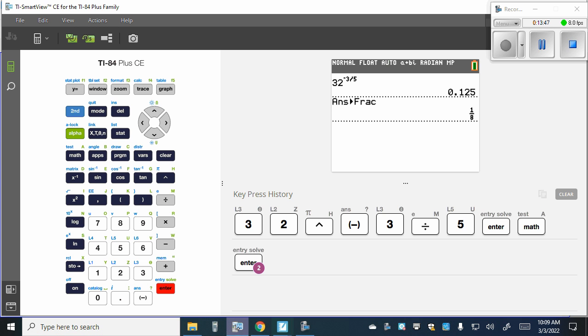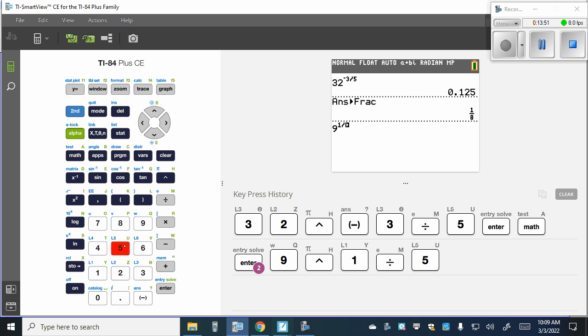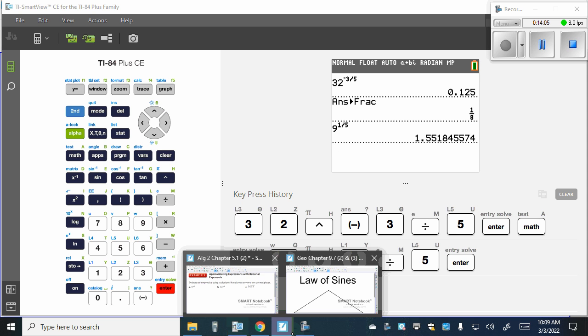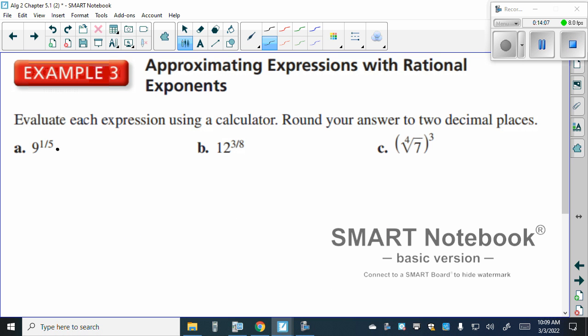Well, that's definitely not going to be a whole number. 9 to the 1 divided by 5 is 1.55184574. It continues on. But it only wanted 2 decimal places, so we're looking at 1.55. And that'd be it.